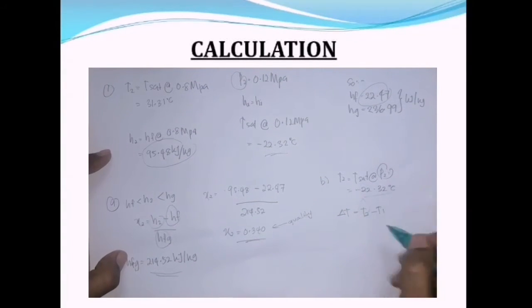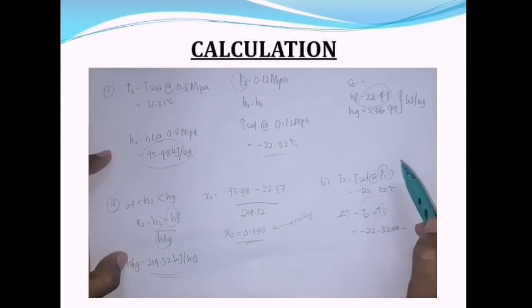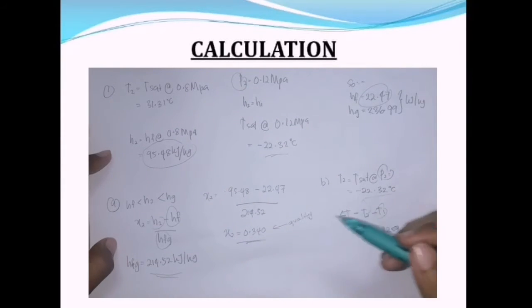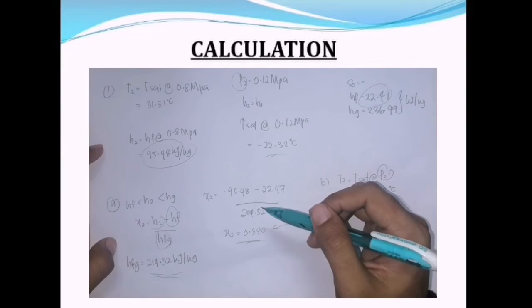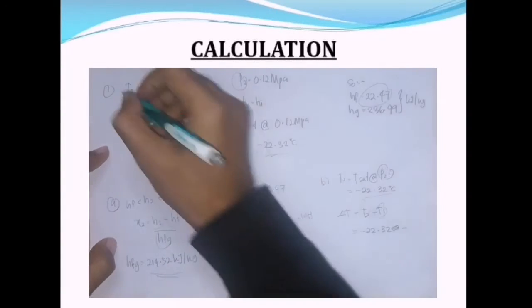So T2 we got, that is negative 22.32 degrees Celsius. Then we minus with T1. For T1, oh, I'm so sorry, this is my mistake.